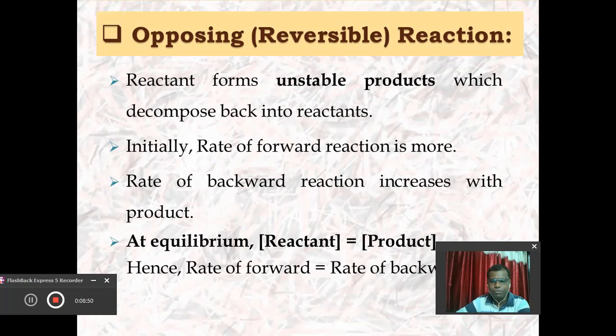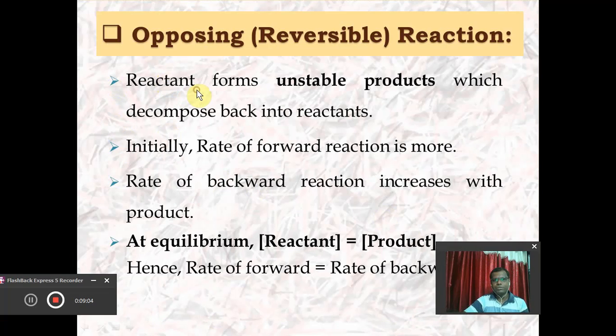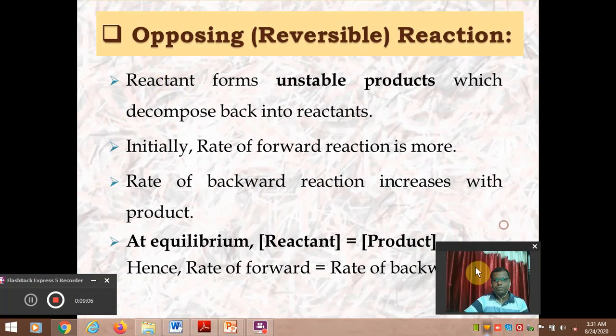I hope you will be able to know about this opposing reaction. What does it mean actually?